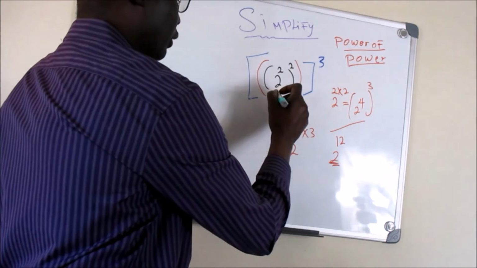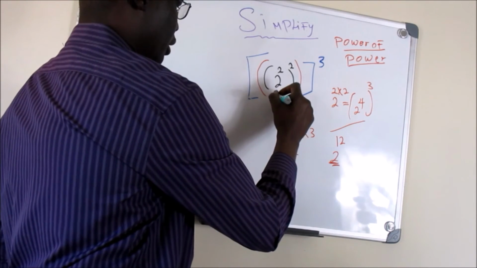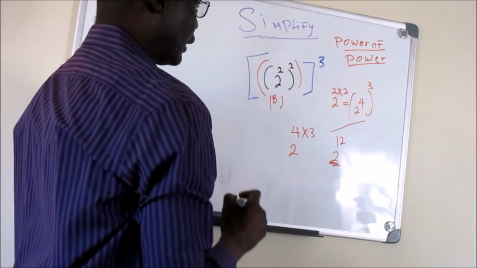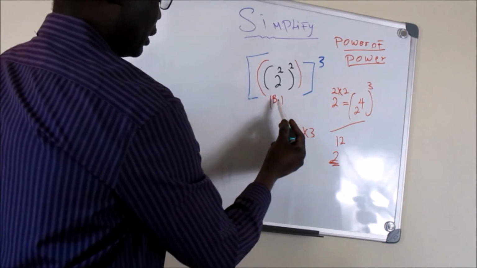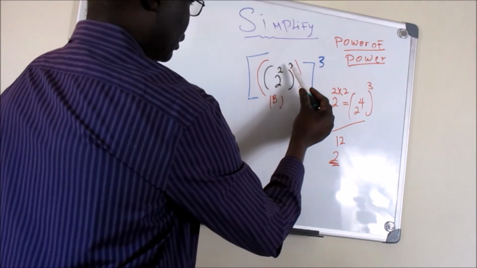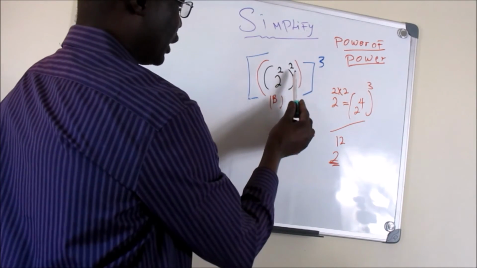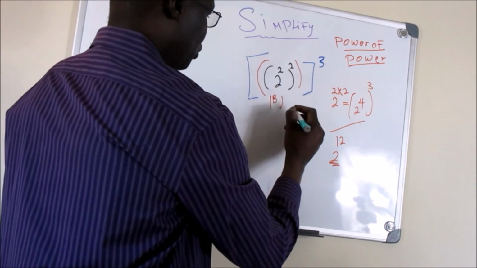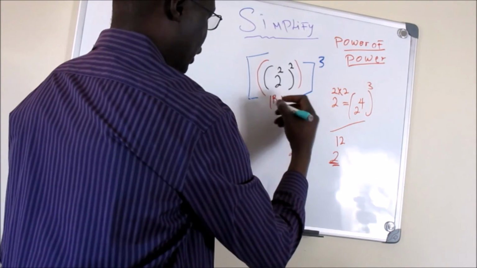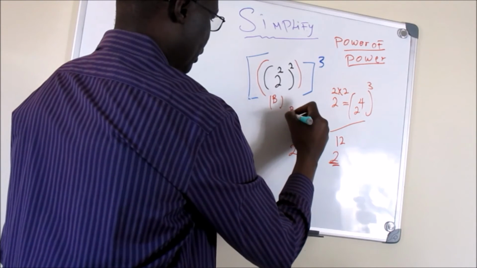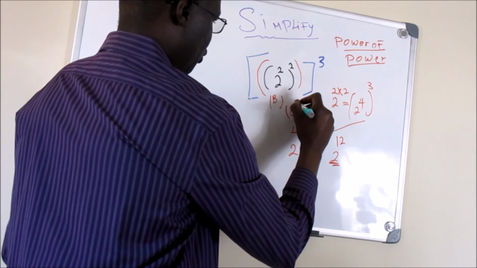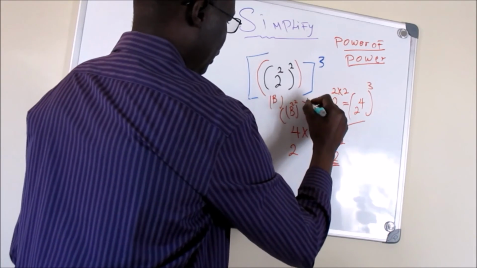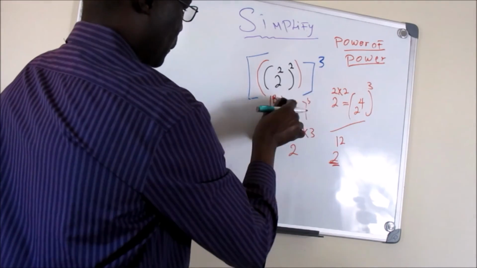If this one was like A or B, you're still doing the same thing. Even if it's A or B, it still gives you the same. So you deal with this first and then you come back. Even if you substitute this one to be AB times 2, and then the whole thing was 3, it's still the same thing.